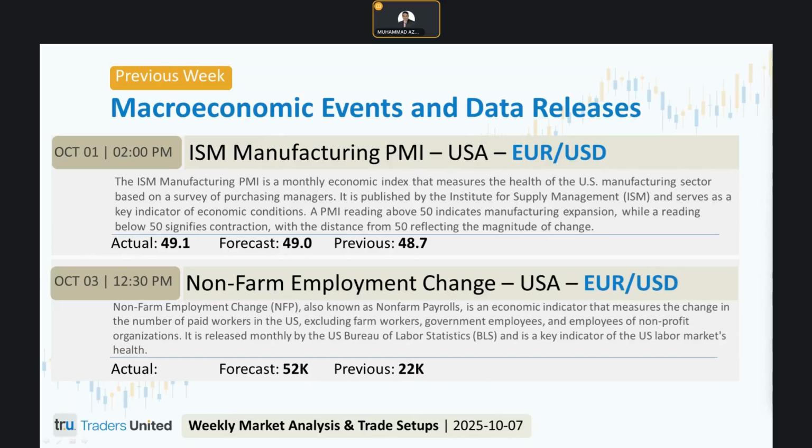It is published by the Institute for Supply Management, also known as ISM, and serves as a key indicator of economic conditions. A PMI reading above 50 indicates manufacturing expansion, while a reading below 50 signifies contraction, with the distance from 50 reflecting the magnitude of change.